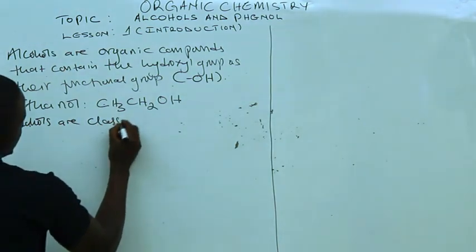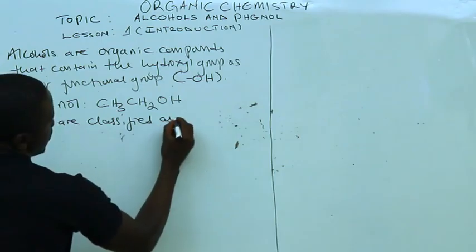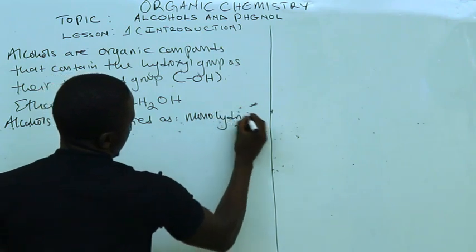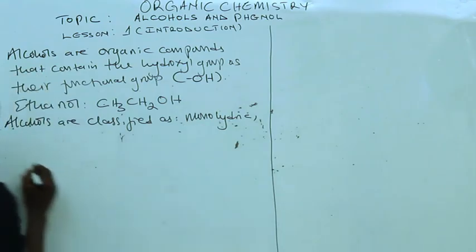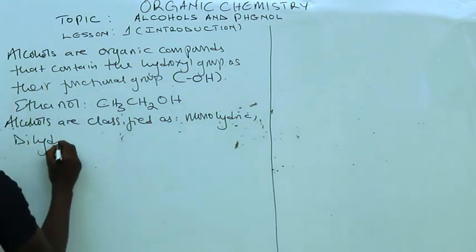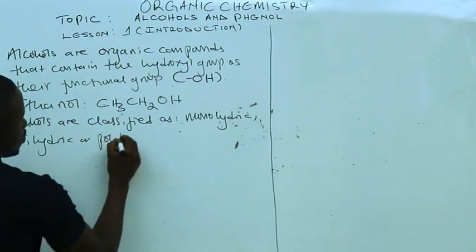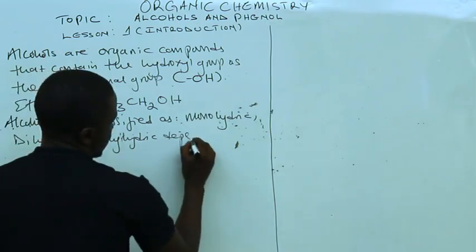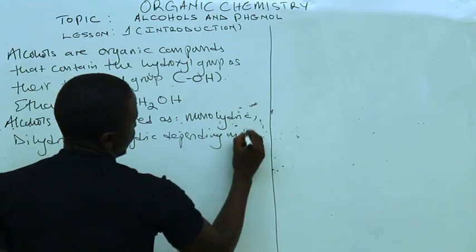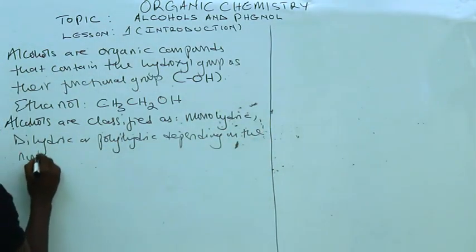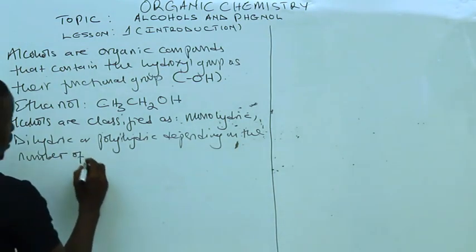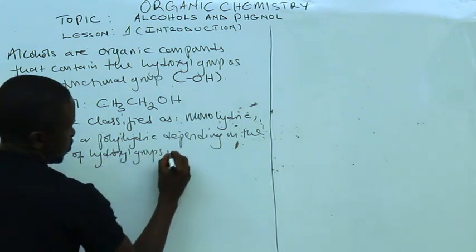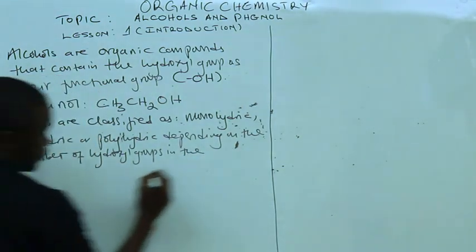So, we can say that alcohols are classified as monohydric, dihydric, or polyhydric, depending on the number of hydroxyl groups in the carbon chain.